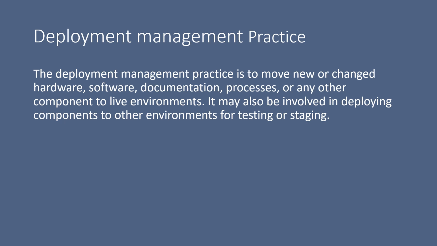Phase deployment. The new or changed components are deployed to just part of the production environment at a time, for example to users in one office or one country. This operation is repeated as many times as needed until the deployment is complete. Continuous delivery.